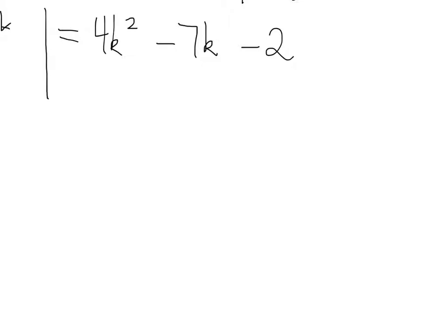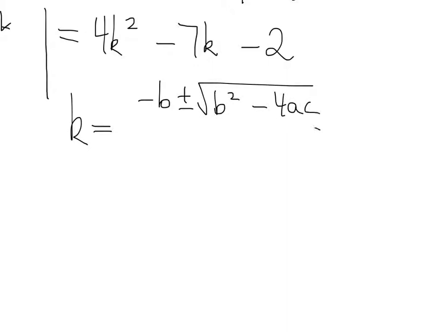Okay. So remember, k will equal negative b plus or minus the square root of b squared take 4ac, all on 2a.